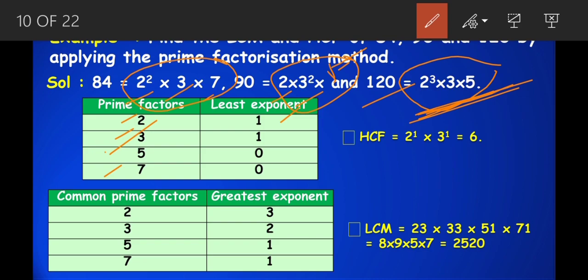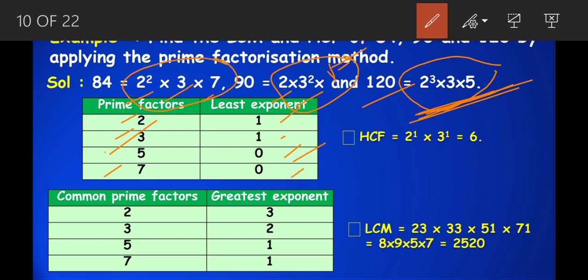Like that, 3 also 1 time. 5, in the number 84, there is no 5, means it occurred 0 times. 7, in the expansion of 90 and 120, there is no 7. So it occurred 0 times.